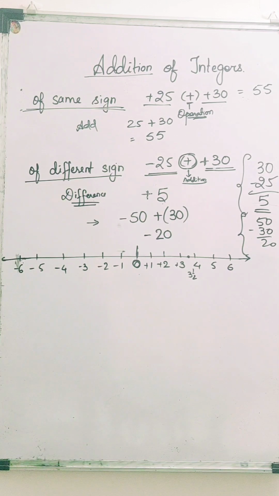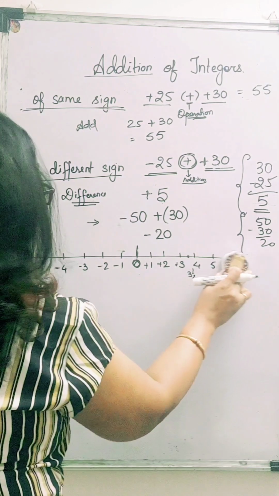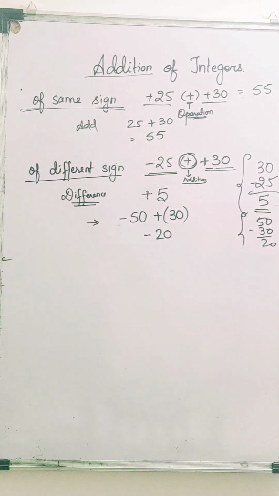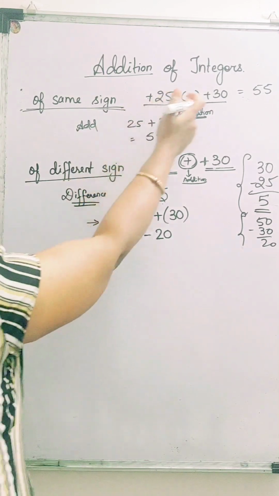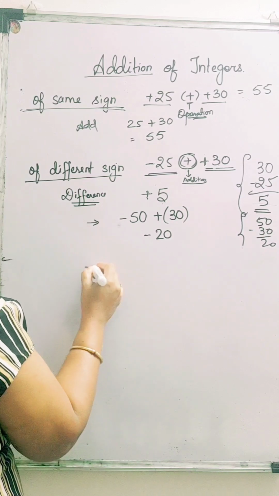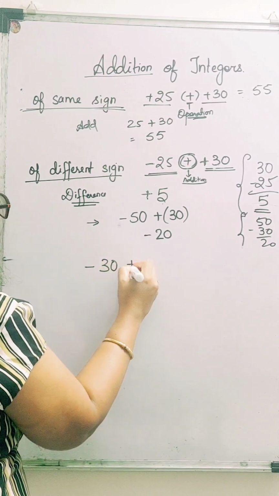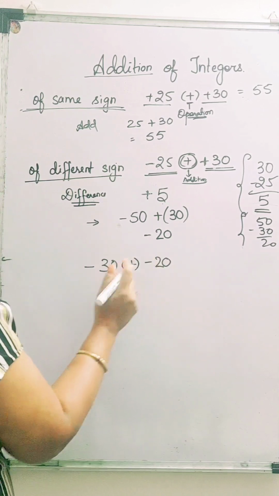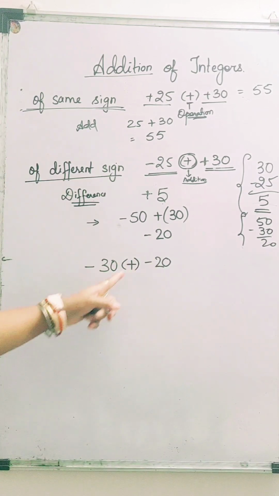So this is a very simple way of solving negative and positive integers. Okay. Now coming to the same sign, I have shown you the positive one. Now I will show you two negatives, like -30 plus -20. Now can you see? This is an operation sign. Don't get confused.